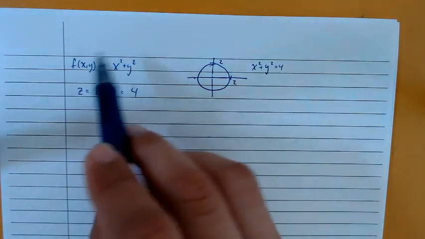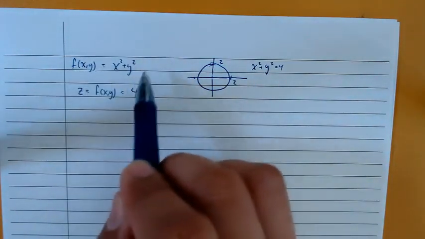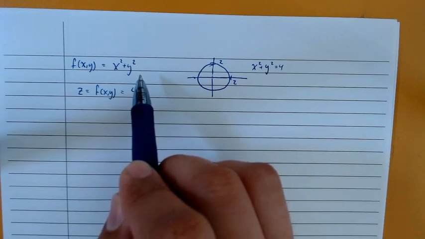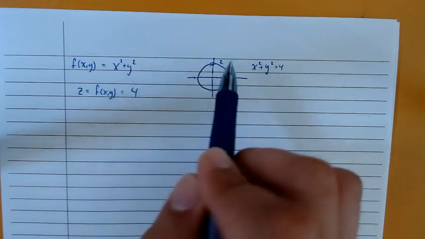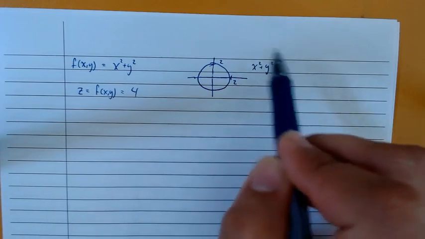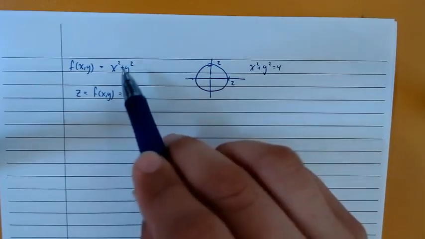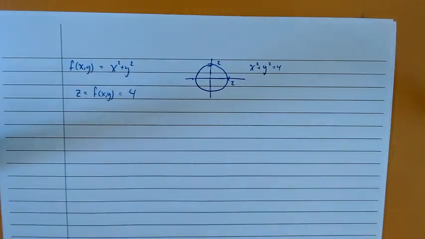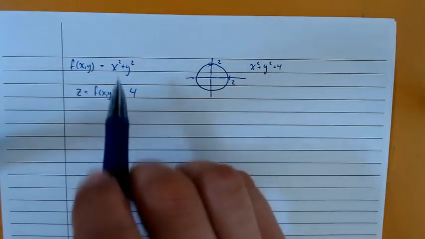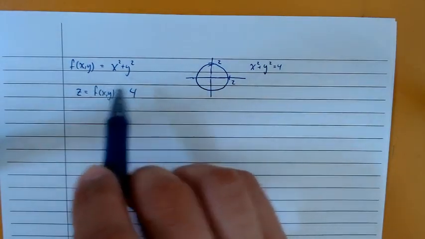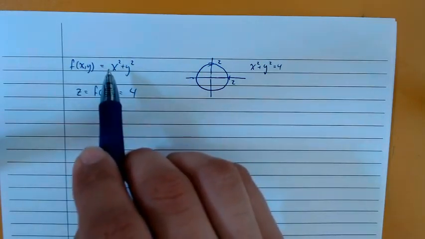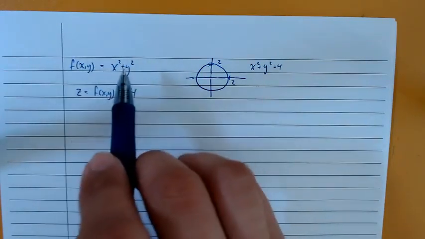You can think of, okay, this is in 3 dimensions, but a level curve is in 2 dimensions. Oh, well, here I have a curve in 2 dimensions. I could think of this as being a specific level curve of something in 3 dimensions. We can extend that even higher. Let's say we started with something in 3 dimensions, and we said, okay, what if we wanted this to be a level curve?